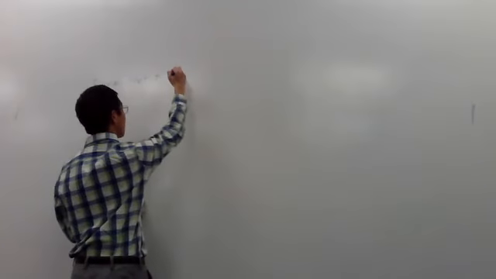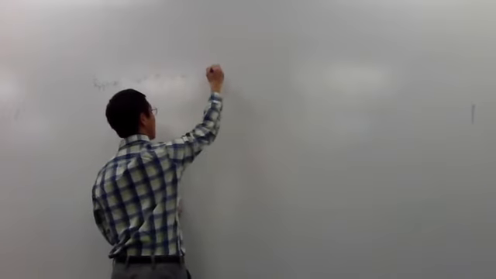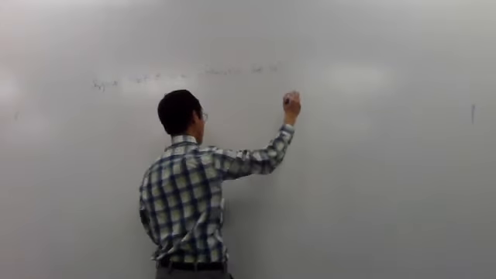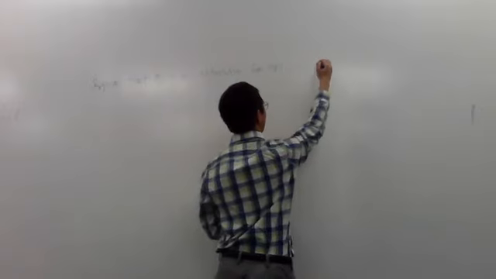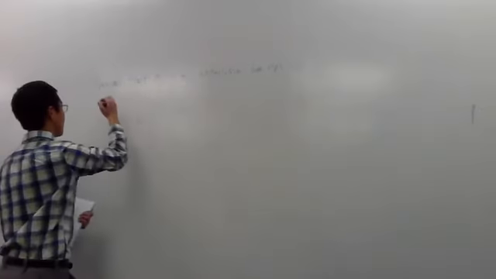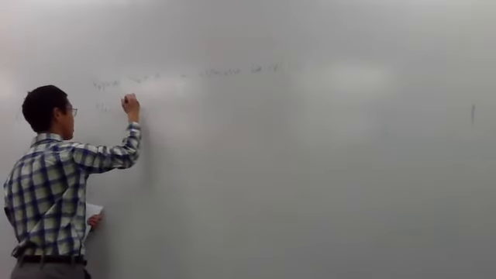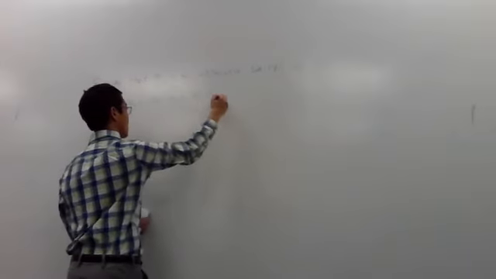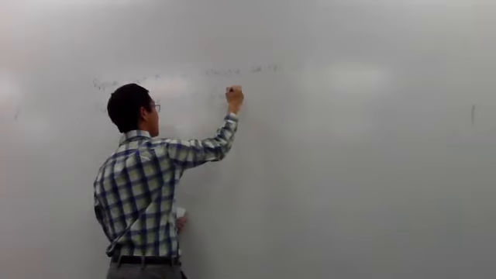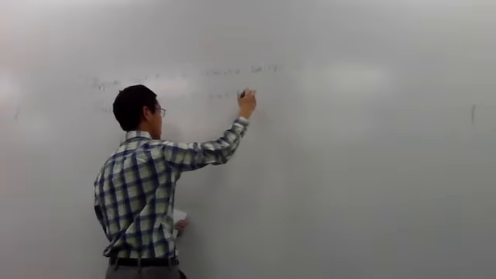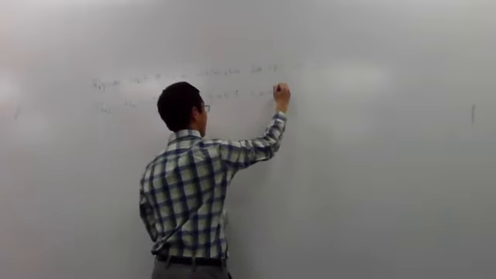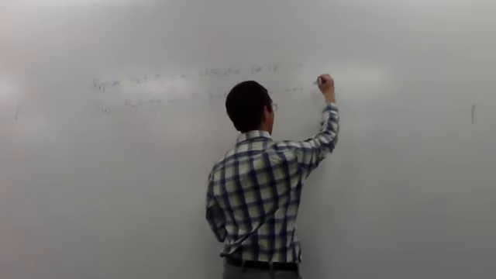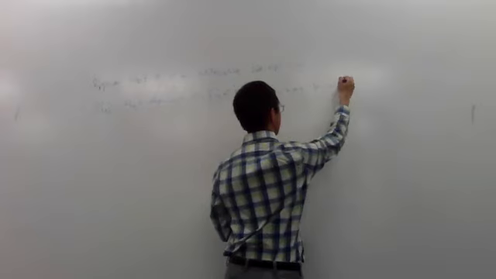So star is an associative binary operation on a set S. And then we were showing, so show that set H is elements A in S such that A star X equals X star A for all X in S.